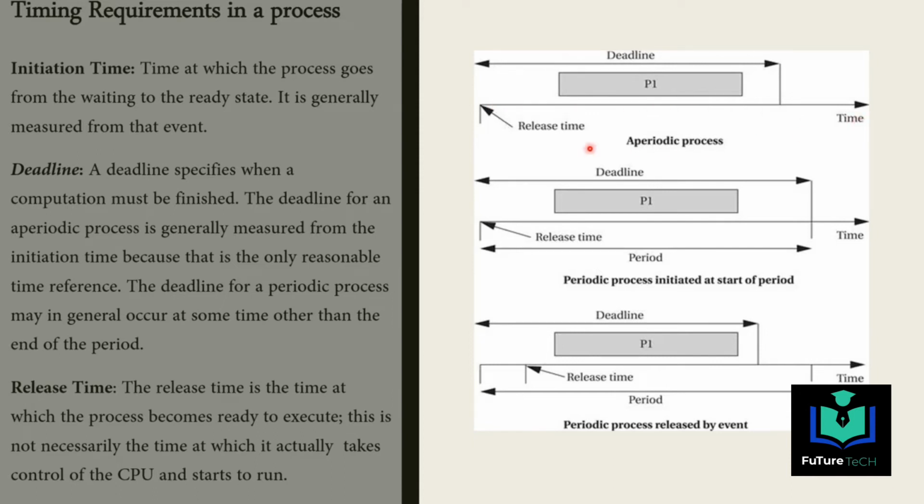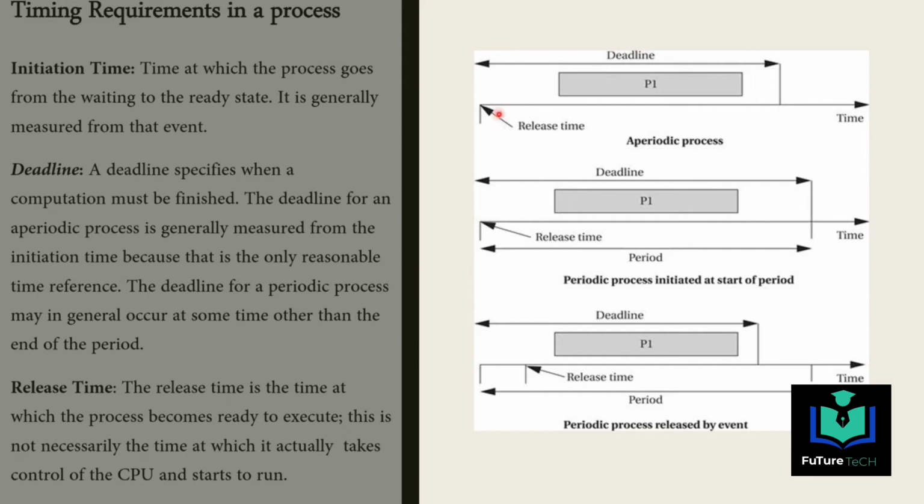After that, you see the periodic process is initiated at the start of the period. This is the diagram for the period. Periodic process means it is time dependent. The time for the period to complete depends upon the time of the deadline.